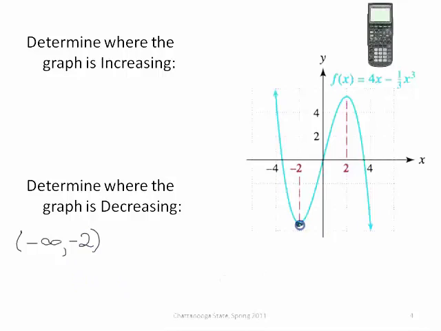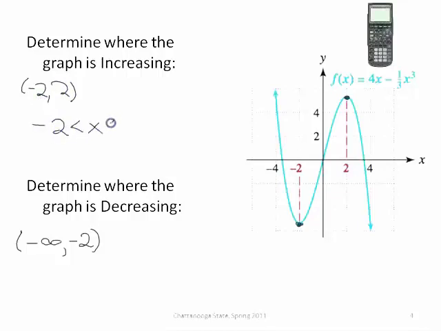Now once I get past -2, the graph increases. So my increasing interval will start at that same -2, and then it stops increasing when I get to here. That is an x value of +2. So the interval where it's increasing is -2 to +2.